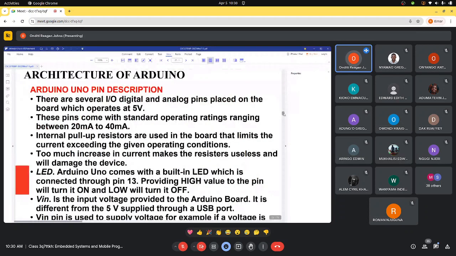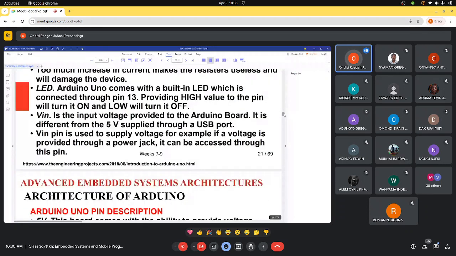Light emitting diodes. Arduino comes with a light emitting diode. This light emitting diode is just a light on the board. If you power on your board, you'll be able to see it turn green, orange, or white. It depends on the color code of the LED being utilized to show that the board is functioning. We are all going to see this and interact with it.